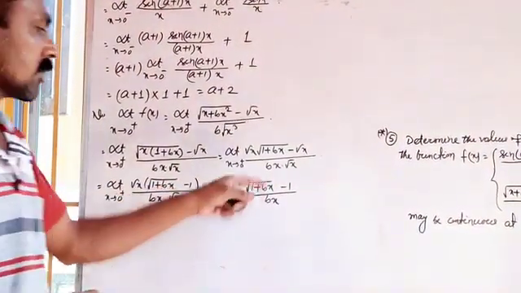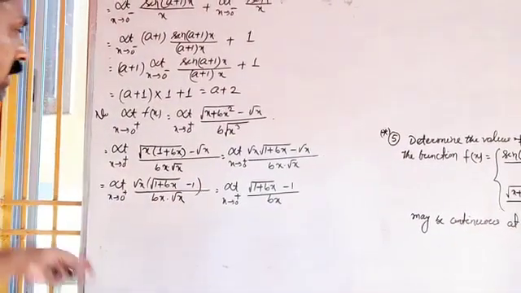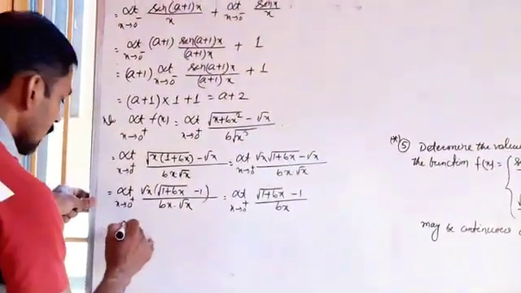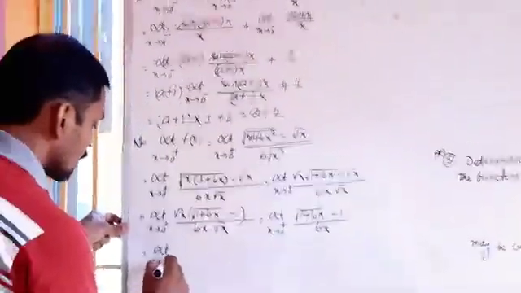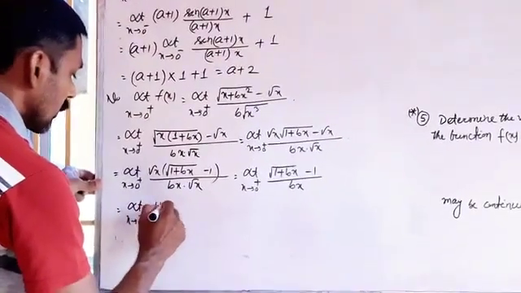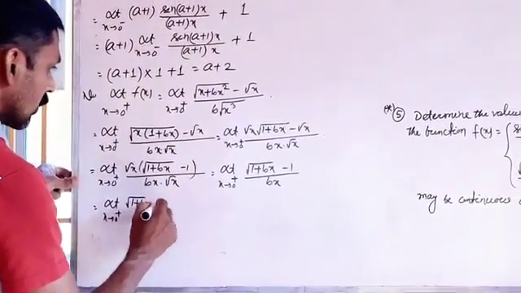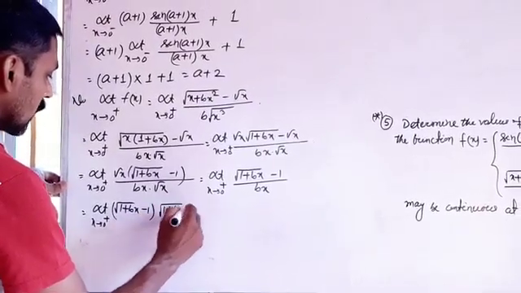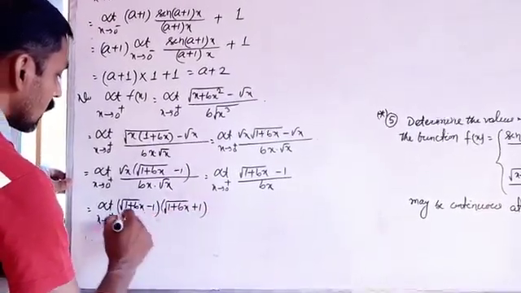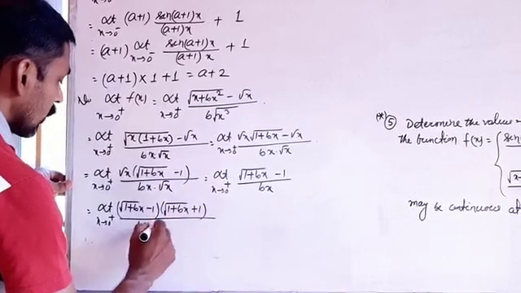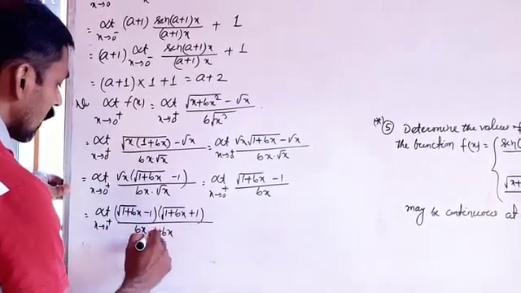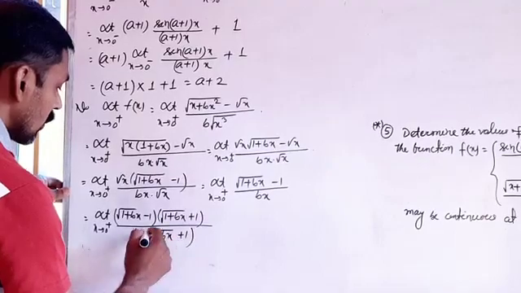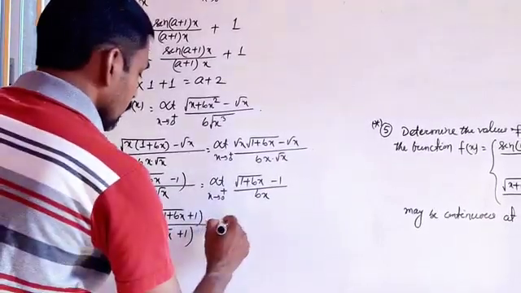Now again, since the square root symbol is there, we have to rationalize. So it is 1 plus bx root minus 1, into 1 plus bx root plus 1, by bx into 1 plus bx root plus 1.